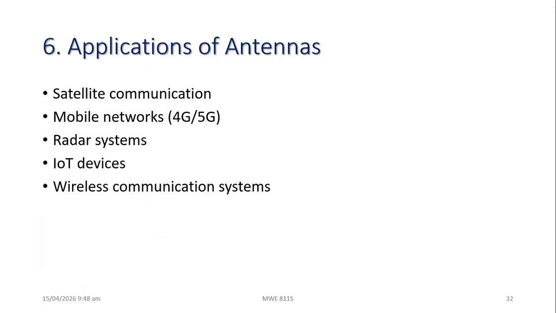Remember, in microwave engineering, you're operating at frequencies above 1 gigahertz. So Wi-Fi systems already have a frequency of 2.4 to 2.6 gigahertz. Radar systems also have frequencies in the gigahertz. Satellite communication as well. Now we have 5G, also going into 5G, 6G mobile communication systems.